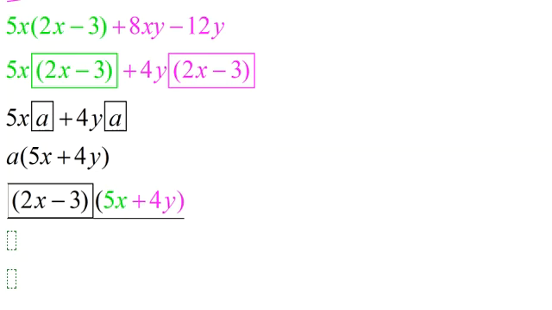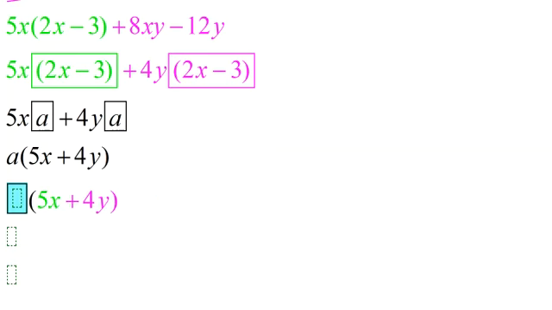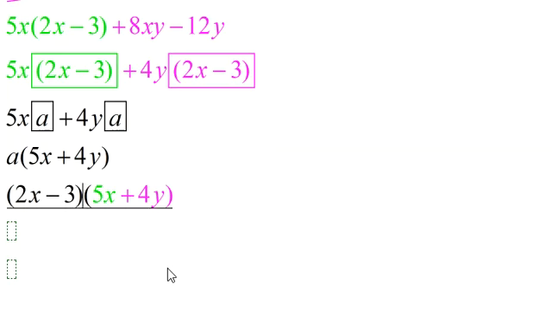Now, if you were to check this, let me just take it out of its little box here. If you were to check this, you would maybe multiply it back together, and you could show that you did get 2x times 5x is 10x squared.